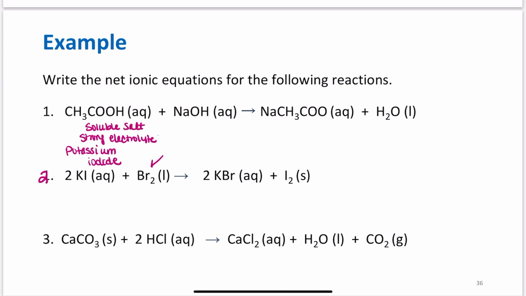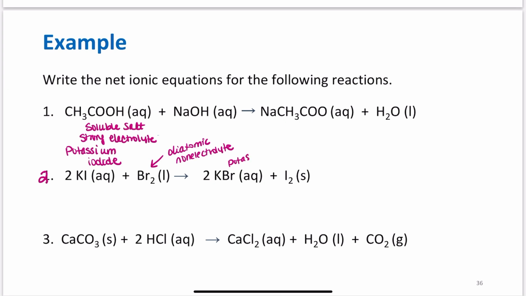Br2 is just a molecular compound, diatomic, not an electrolyte. It's not a cation-anion combination. It's not a strong acid, strong base, or salt.